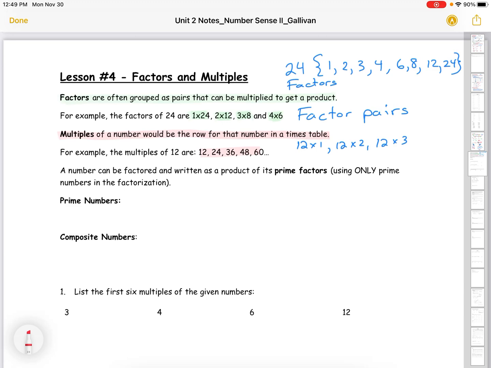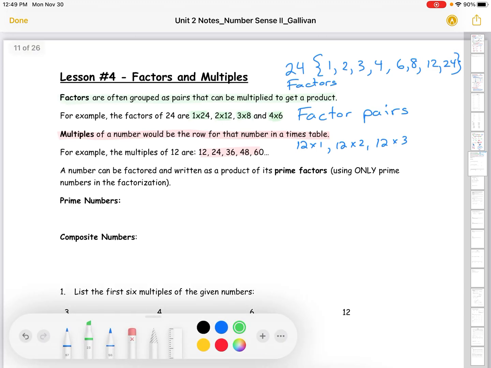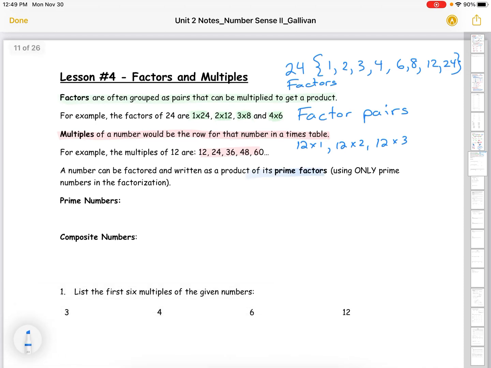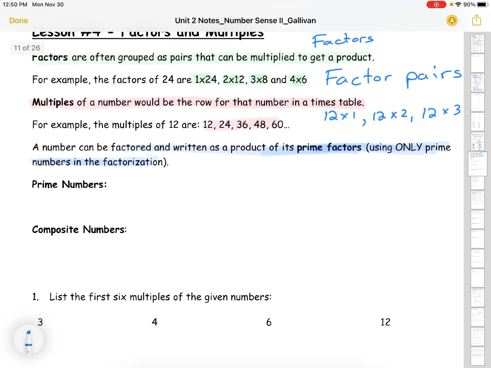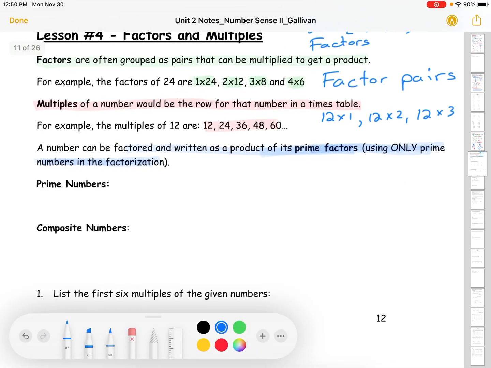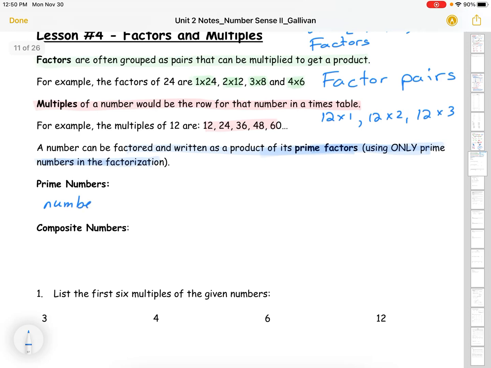Now, a number can be factored and written as a product of its prime factors, using only prime numbers. Let's remember what prime numbers are. Prime numbers are numbers only divisible by 1 and itself.